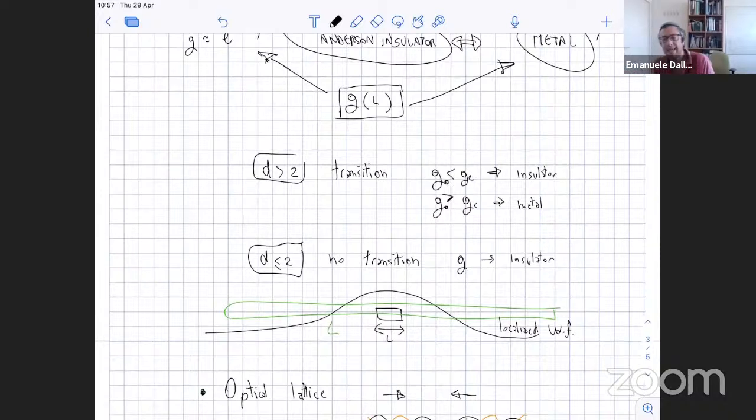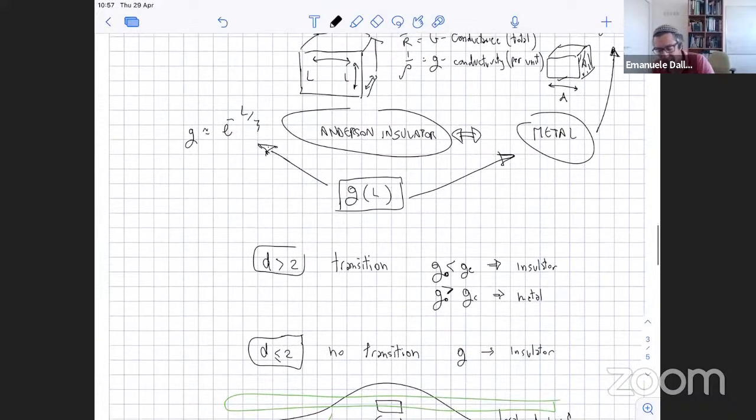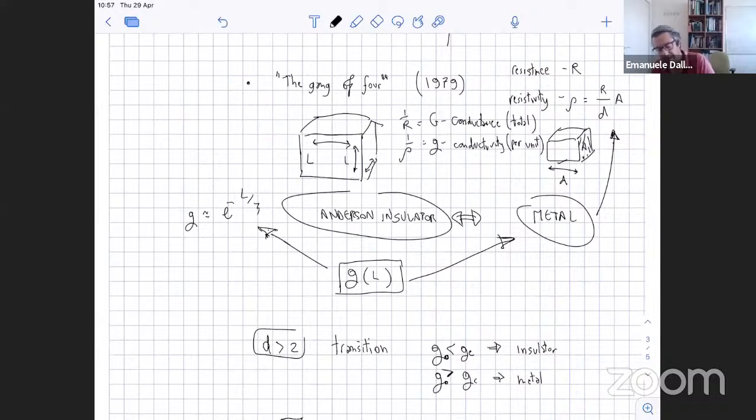There is always, the scaling limit always breaks down at some point, like any scaling limit. Eventually we reach a situation where we have, say, the atomic size. The assumption here is that G depends on L, and it follows either an Anderson insulator or a metallic behavior only for large system sizes. So there is an initial small chunk of material that you start from, and then you increase more and more.